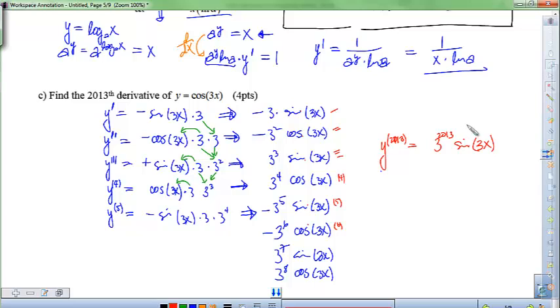Now whether it's positive or negative is the next question. This is where the real key comes in. It turns out that we can look at this as cyclical in steps of 4.